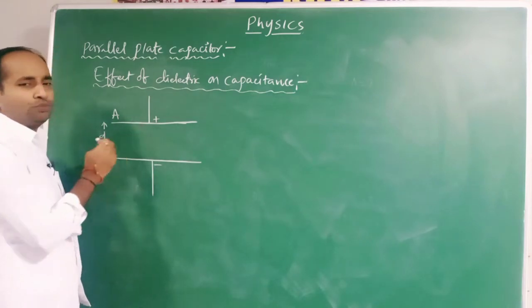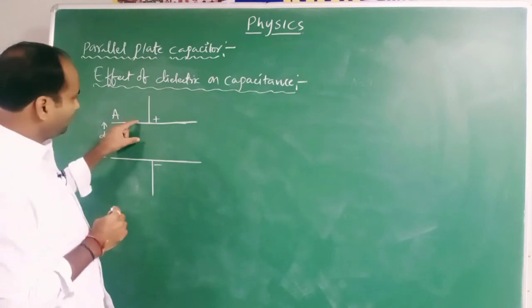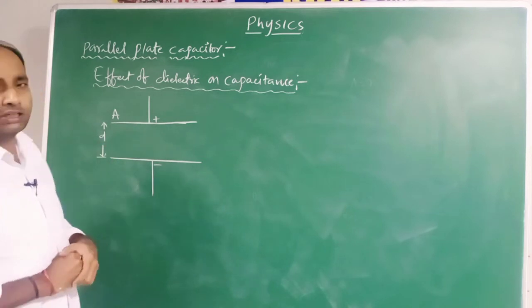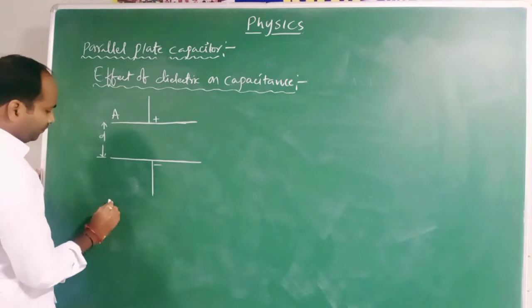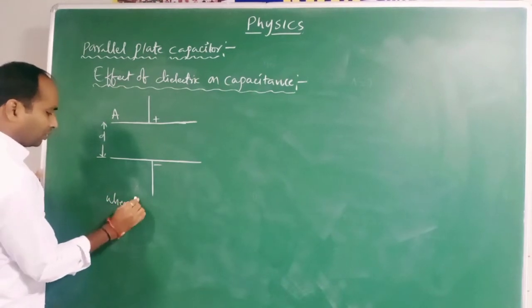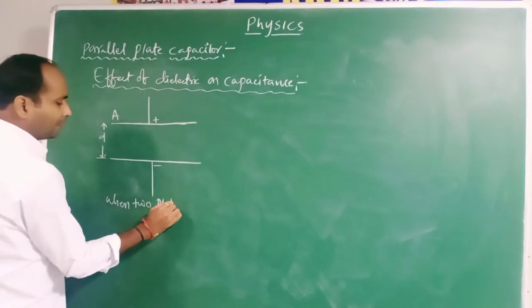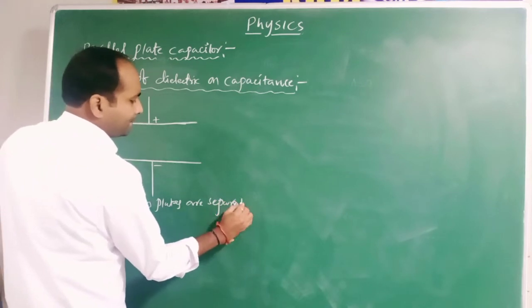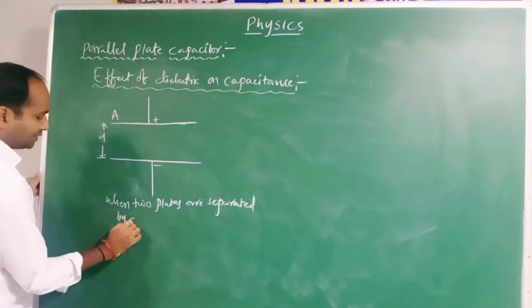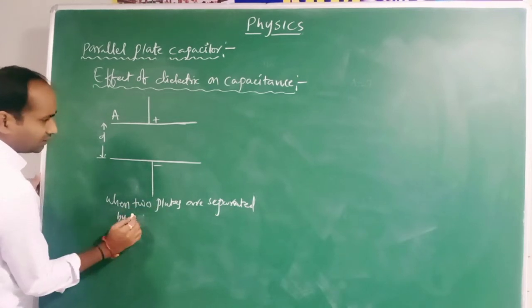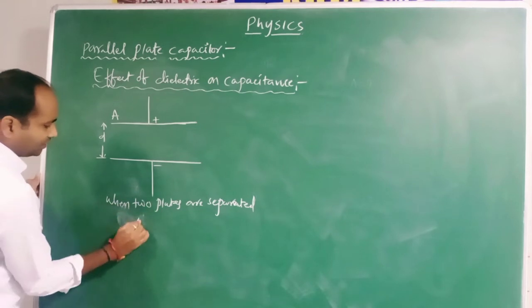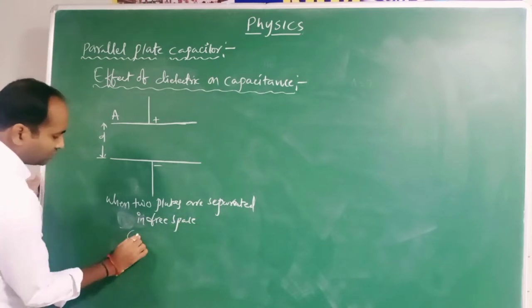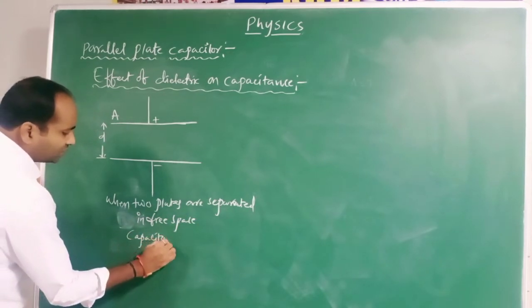When the two plates are separated in free space, let the capacitance of the parallel plate capacitor be denoted by C0.